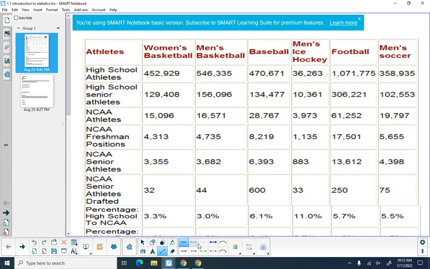Statistics compared to trigonometry, mathematically, is not as difficult. But statistics is something that you've never really dealt with mathematically, except for when you were in some part of your math career in junior high.